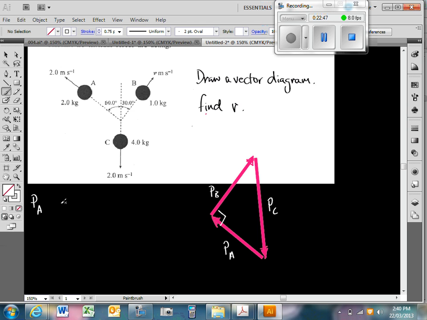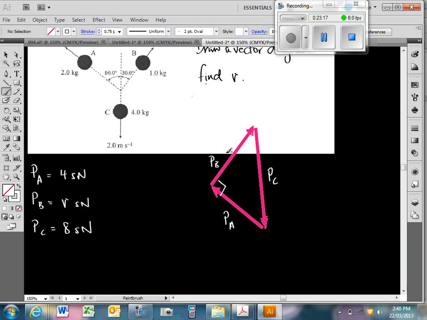Momentum of A equals 2 by 2, 4 kg meters per second. Momentum of B equals 1V, or V. And C equals 8. V squared plus 4 squared equals 8 squared. Pythagoras.